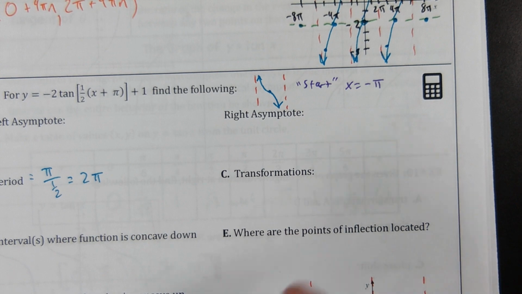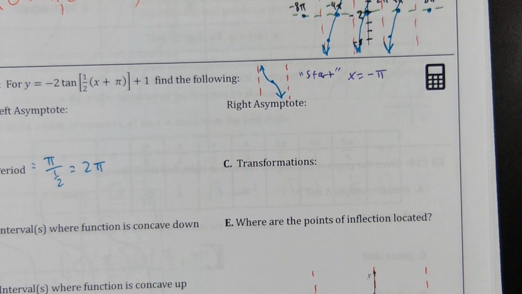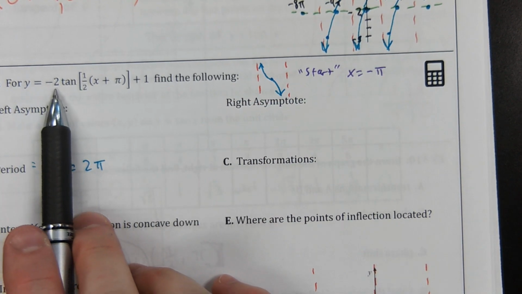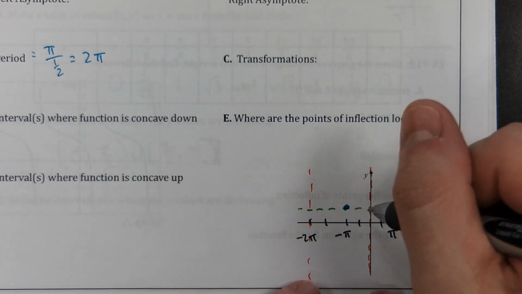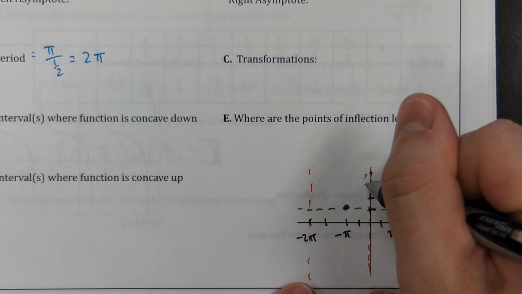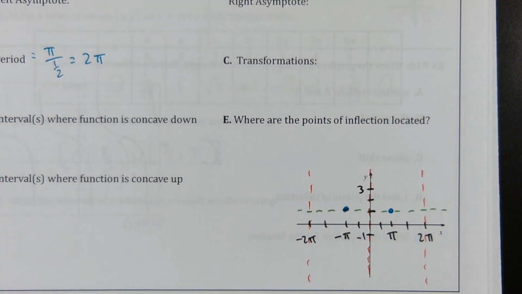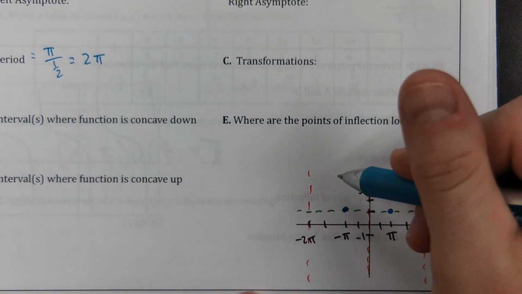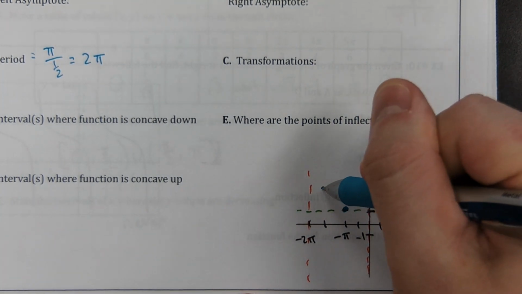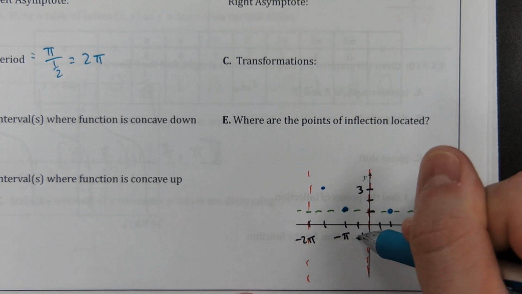And we know we're going to have to have this shape, and we're going to have to go up 2 and down 2 from the green dotted line. Up 2 and down 2 like that. So left up, right down.